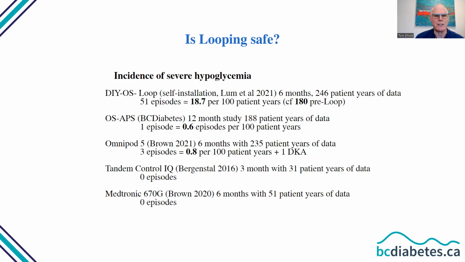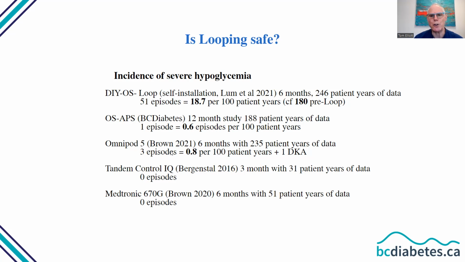It looked at outcomes in individuals who had self-installed the Loop app. So they built the app themselves, they'd installed it, and then they reported to the investigators what happened over the 6 months. So the investigators themselves never met any of these patients. These are people from all over the United States giving their outcomes.